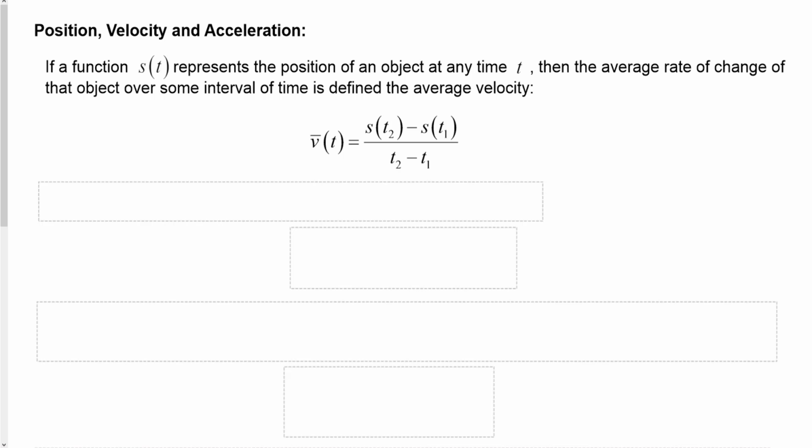So this average velocity is the slope formula. And so an average velocity is the slope between two different positions of the object through time.